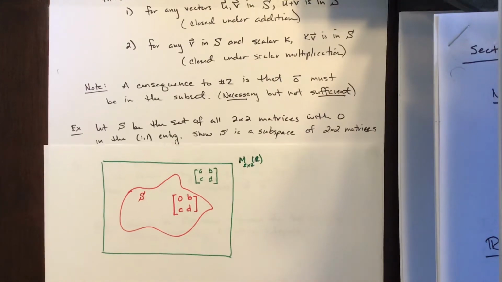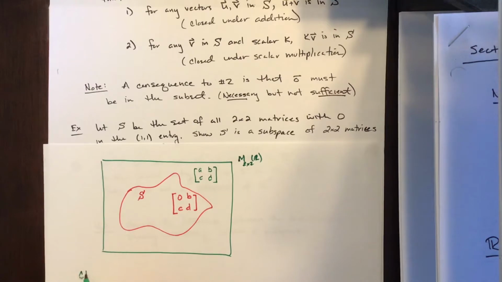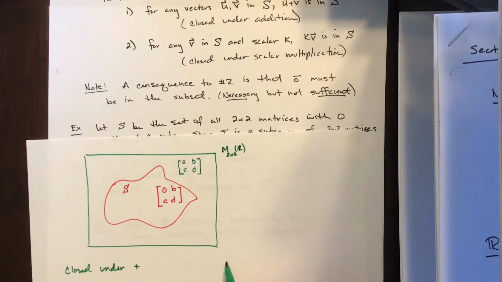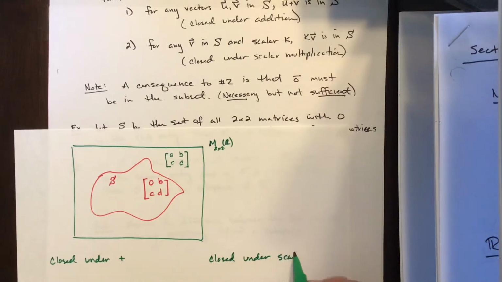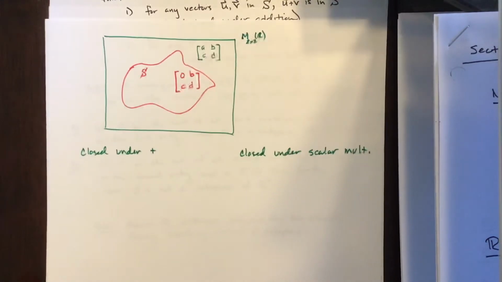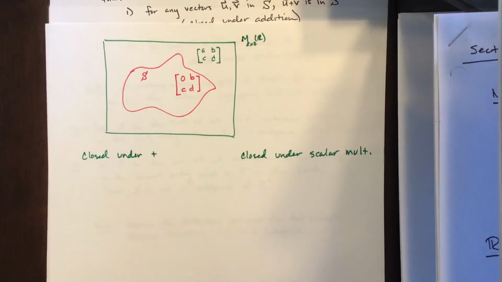That means we have to show that it's closed under addition and closed under scalar multiplication. So how do we show that it's closed under addition? Well, you take 2 elements that are in the subset.